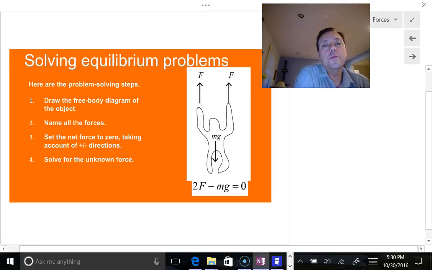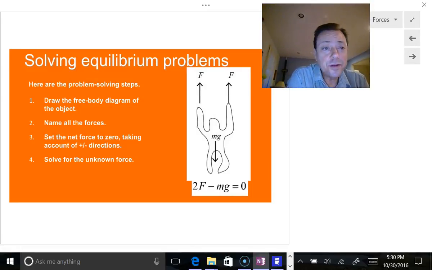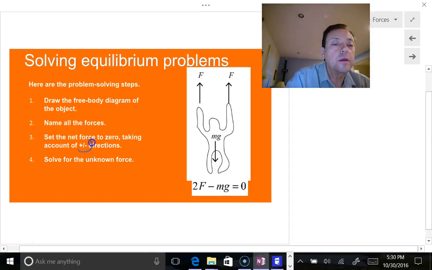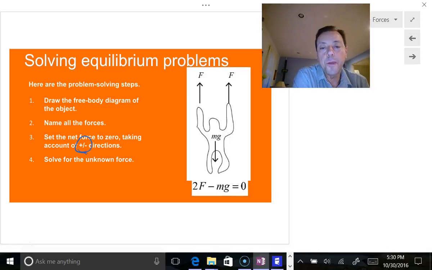So, solving equilibrium problems. I hope everybody's enjoying the bird in the background. Here are the problem-solving steps. Draw the free body diagram of the object. Name all the forces. Set the net force, that is, the sum of the forces, equal to 0, taking into account plus and minus for the directions, and solve for the unknown force.